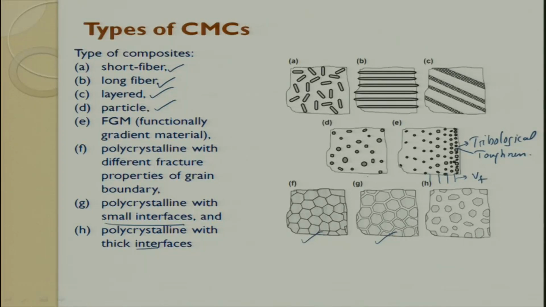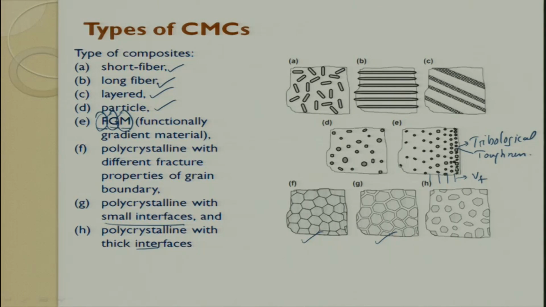Then you have particulates. The difference between this and this is aspect ratio. Particulates can be viscous, it can be particulates. The distribution of particulates varies from layer to layer, which leads to functionally graded materials. The function grades along the material.